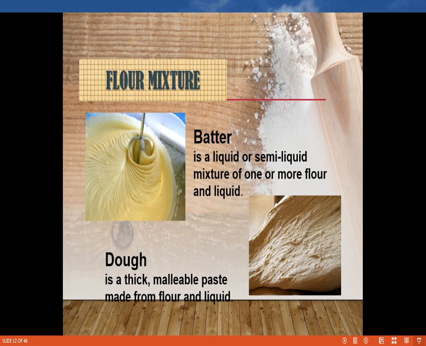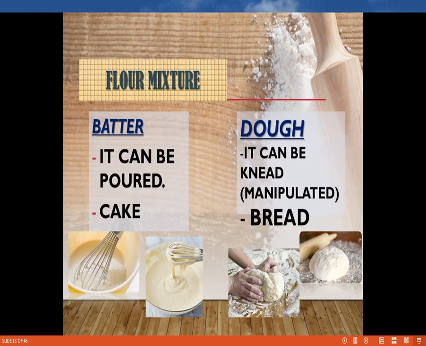Just to sum up, when you say batter, it can be poured and is usually used in making cake, while dough can be kneaded or manipulated and is usually used in making bread.